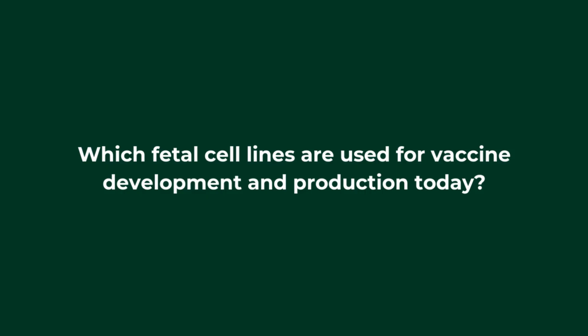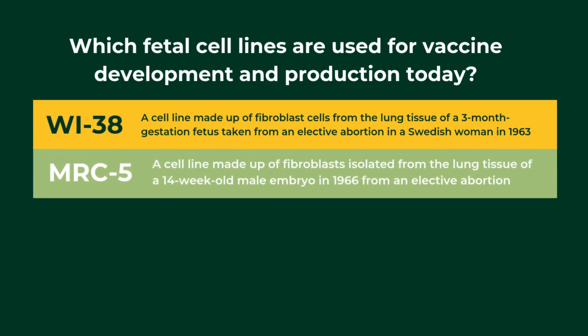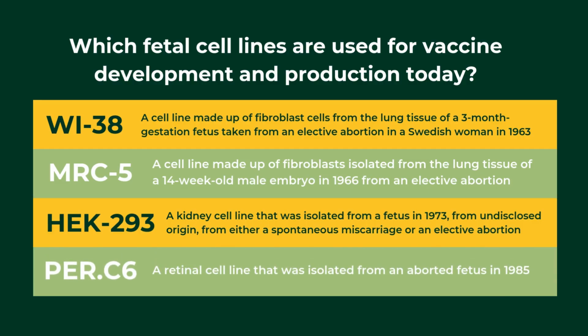The fetal cell lines that have been and are currently being used to develop vaccines are from the following sources: WI38, a cell line we've already discussed; MRC5, a cell line made up of fibroblasts isolated from the lung tissue of a 14-week-old male embryo in 1966 from an elective abortion; HEK293, a kidney cell that was isolated from a fetus in 1973 from undisclosed origin from either a spontaneous miscarriage or an elective abortion; PERC6, a retinal cell line that was isolated from an aborted fetus in 1985.